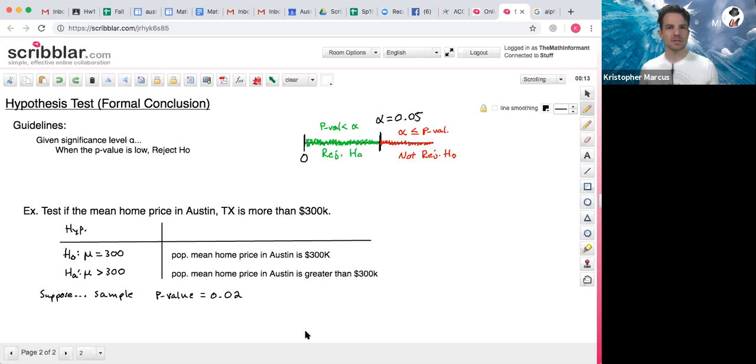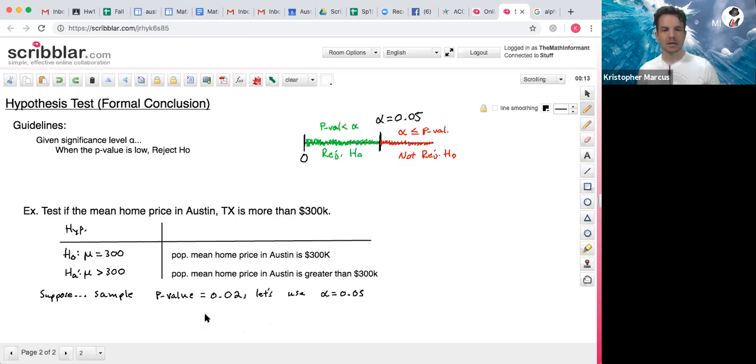The question is, would we formally reject or not reject the null hypothesis in this case for a specific level of alpha? So let's say the p-value is 0.02, and let's use alpha equals 0.05. The common levels of alpha are 0.01, aka 1%, 0.05, which is 5%, and 0.1, which is 10%.